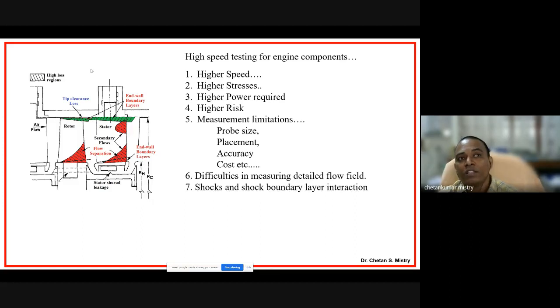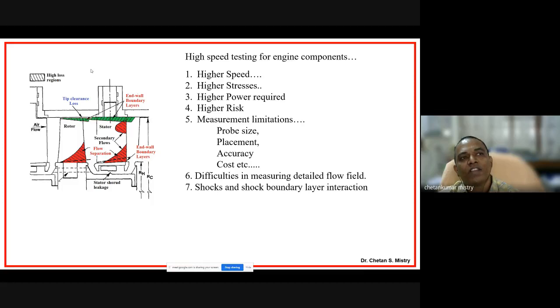Now, since it is rotating at very high speed, it is very risky. People will not go near that rig to do any kind of inspection or testing while it is running. At the same time, being experimentalists, we have constraints with the probe.